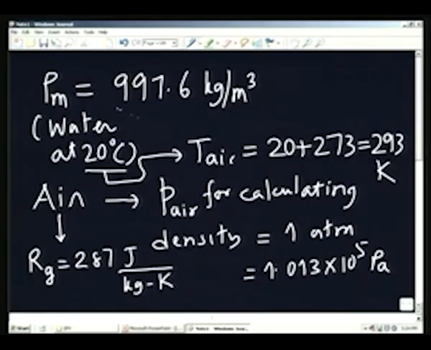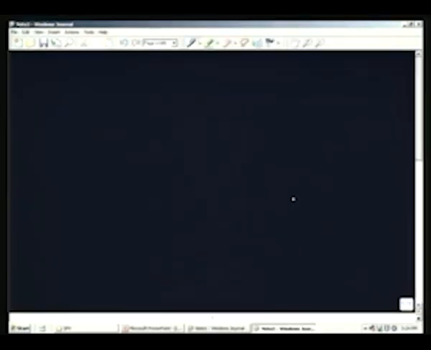So, by using the equation of state, we can calculate rho. R G times T is equal to P air.